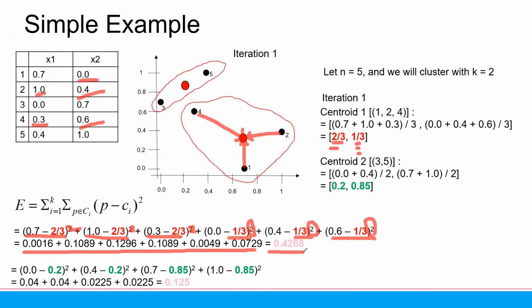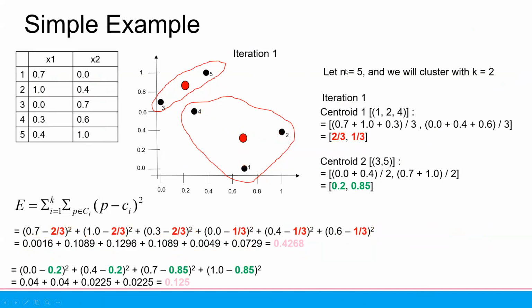This is the error. What about the next one? The next one is the same, using the data from the two objects 3 and 5: 0 minus 0.2 squared, 0.4 minus 0.2 squared.